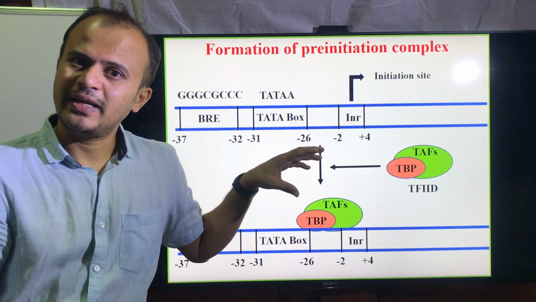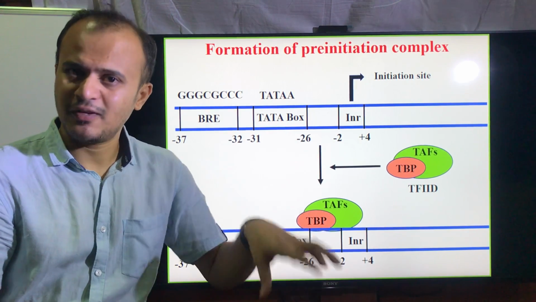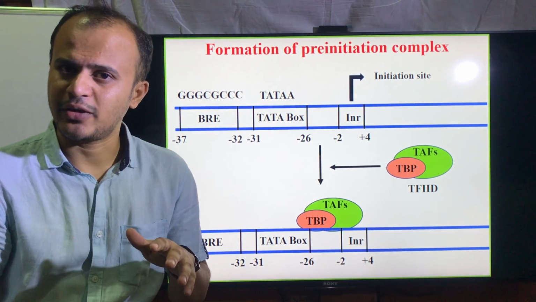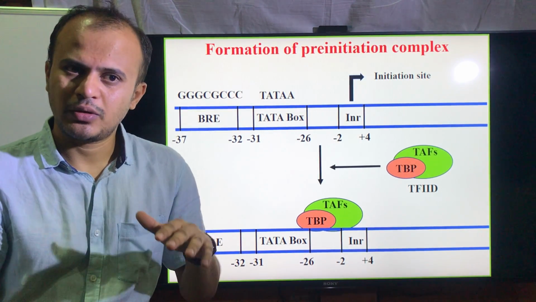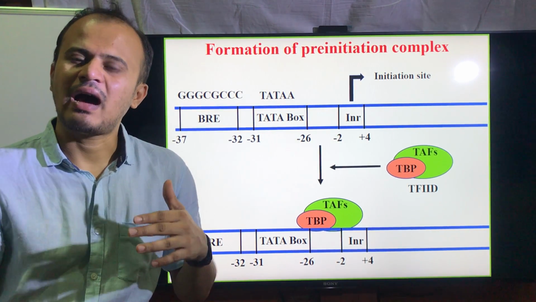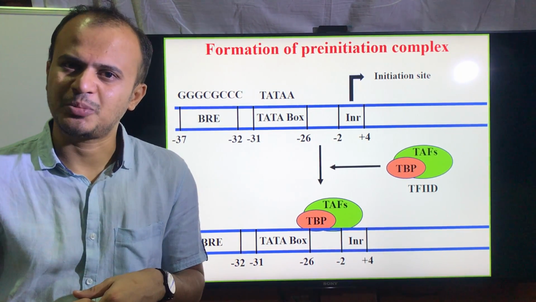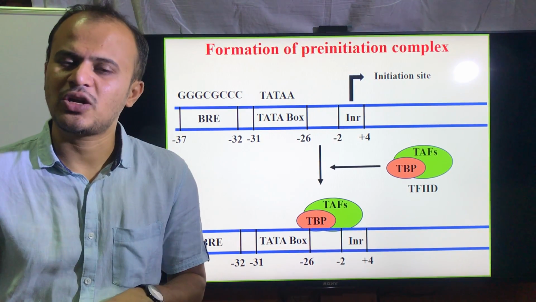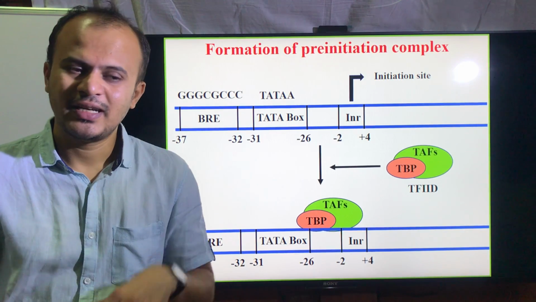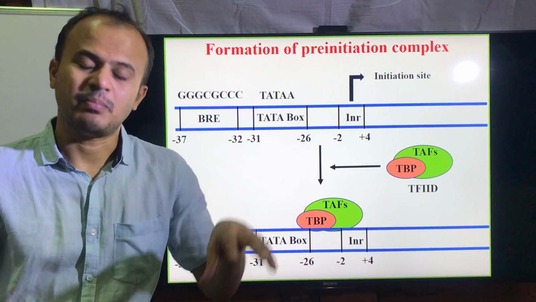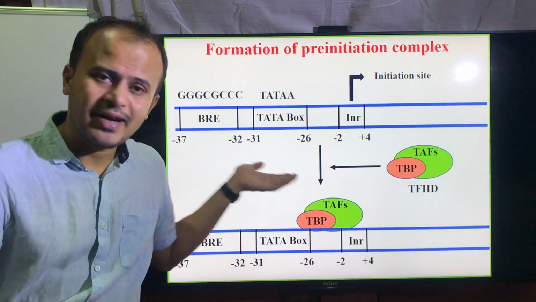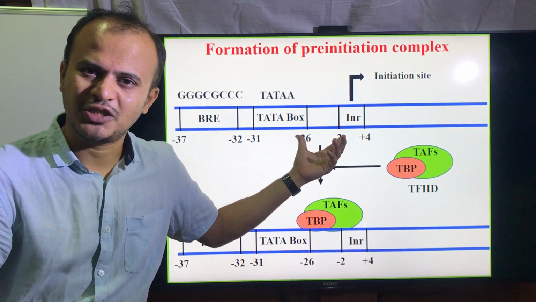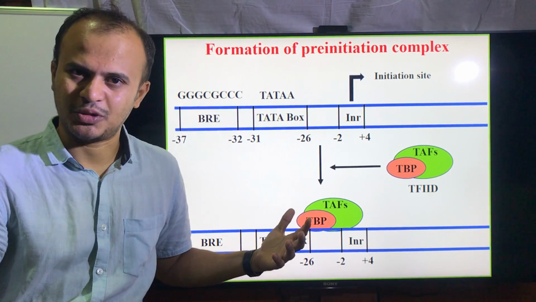In bacteria, RNA polymerase itself can recognize the promoter, but when it comes to eukaryotes, there is no way that the RNA polymerase can initiate transcription. It requires the assistance of several proteins called transcription factors. These transcription factors bind to the regulatory elements present upstream of the gene and initiate transcription.